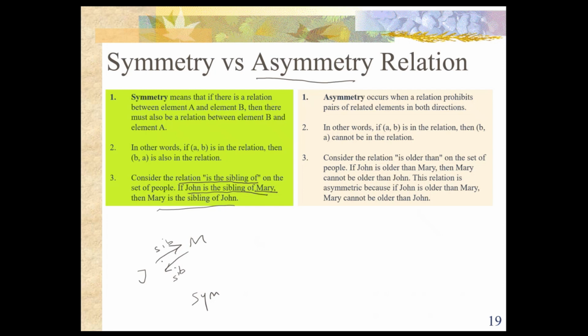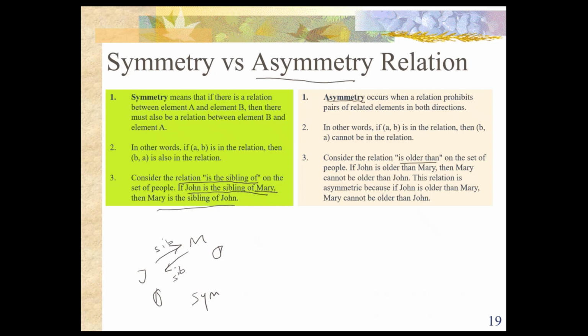So we can say there is a relationship from J to M, which gives value 1, and also there's a relationship from M to J. If John is not a sibling of Mary, therefore Mary is also not the sibling of John. There will be 0, 0. So it's symmetric.